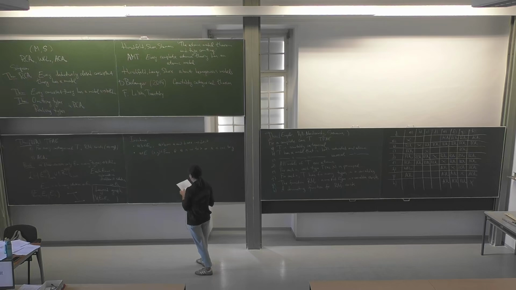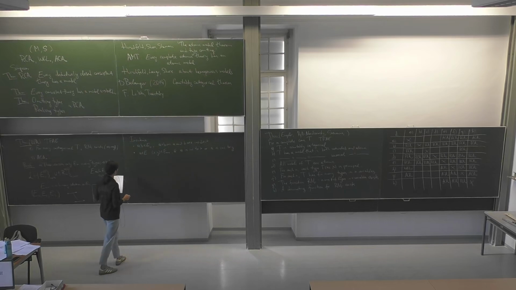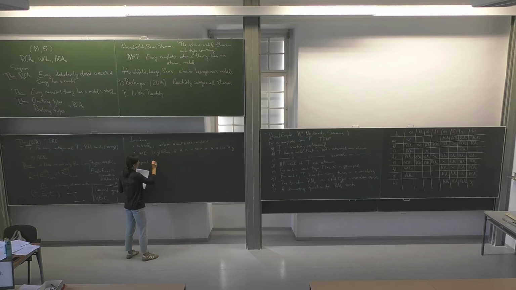Okay, and then some technical definitions that we need just to be able to prove nice properties about this graph. We need a definition of a dampened layered graph.